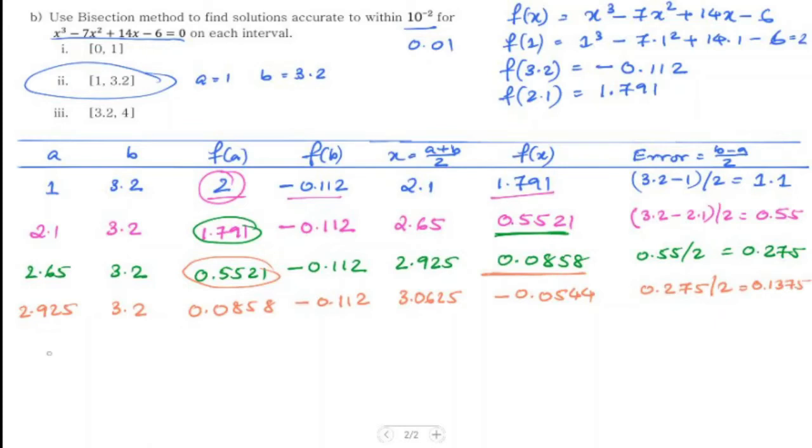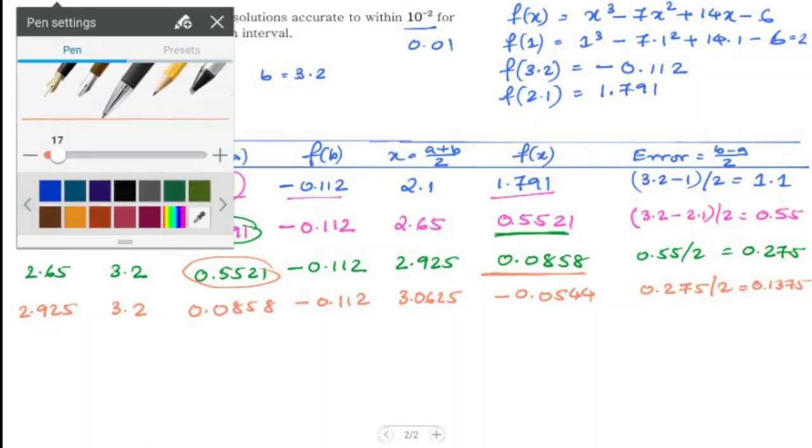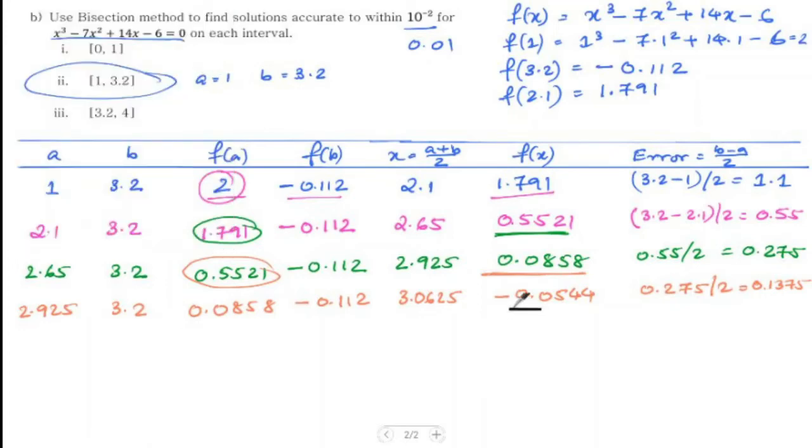Okay, now here we'll check what it can be or what is replaced. So this here is a negative number, which means we'll replace the negative number from f of a and f of b. So f of b is the one that is negative, so that will be the one that will be replaced now.